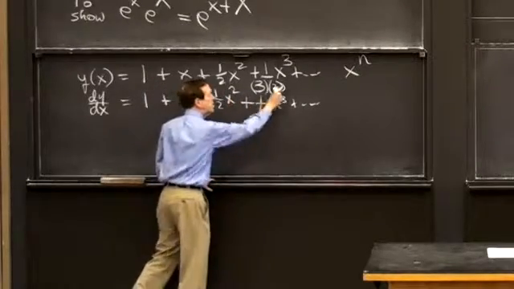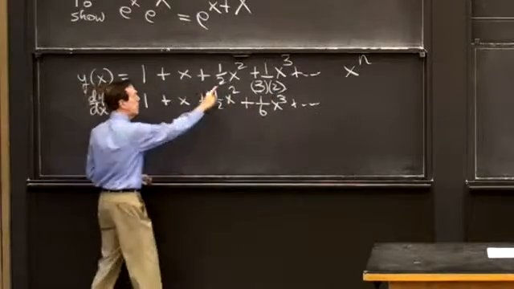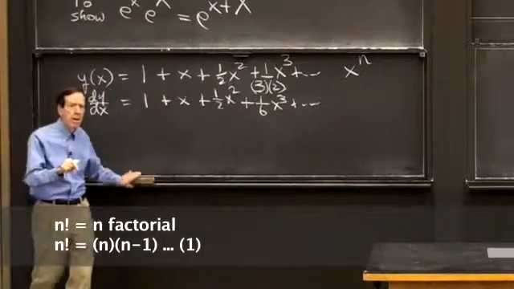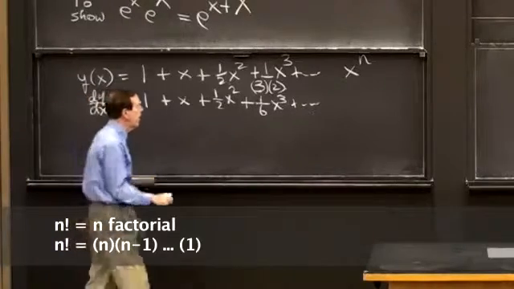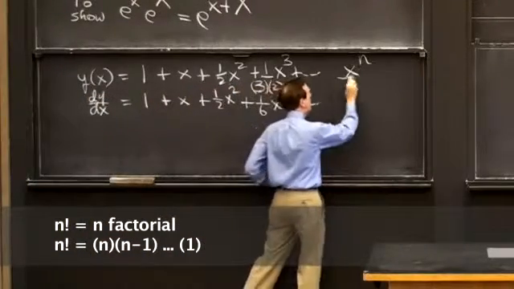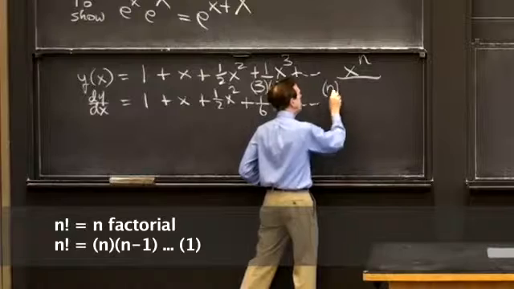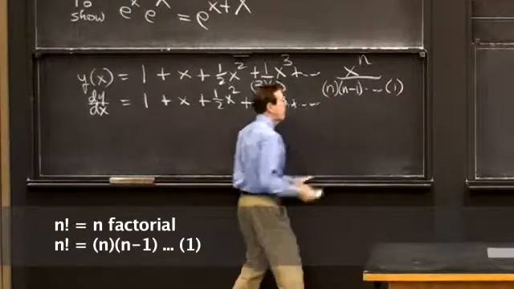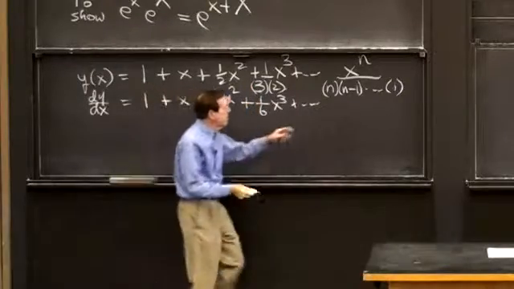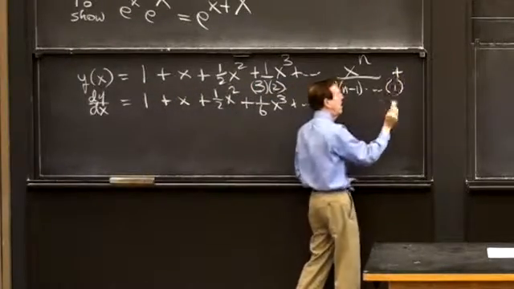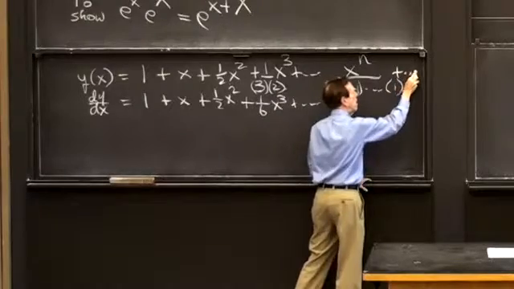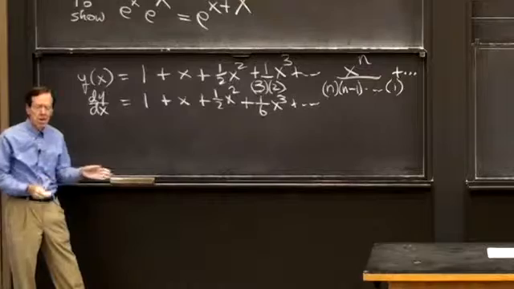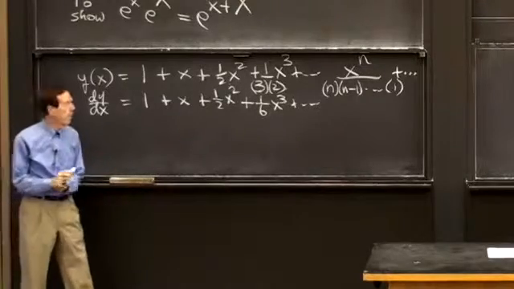You could say 3 times 2 times 1. This one was 2 times 1. This one was just 1. It's n factorial. N factorial is what I need. I need n times n minus 1. I need all these numbers all the way, and I'll throw in the 1 at the end. And I have to put the mathematicians' symbol, the little 3 dots that mean don't stop, keep going.